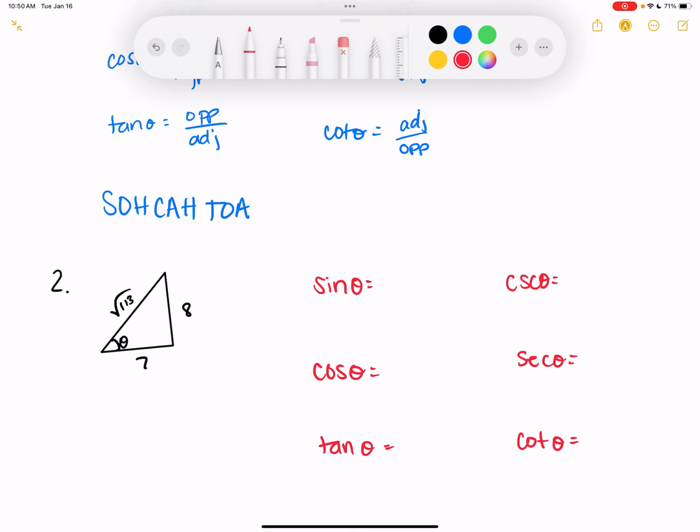So, sine of theta, opposite over hypotenuse, that's going to be 8 over the square root of 113. And that one we do need to rationalize. So that's just, remember, multiplying by the square root of 113 over square root of 113, which gives us 8 square root of 113 over 113.